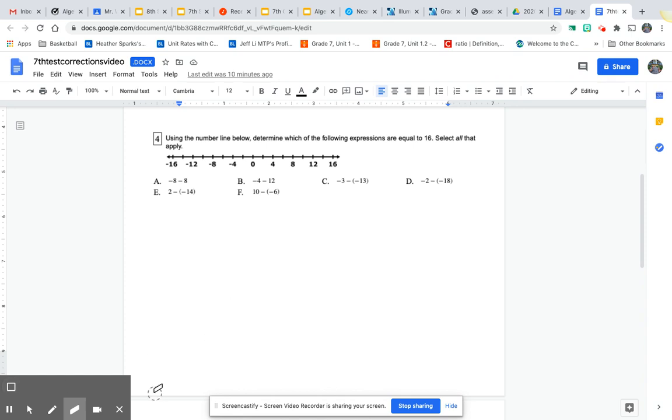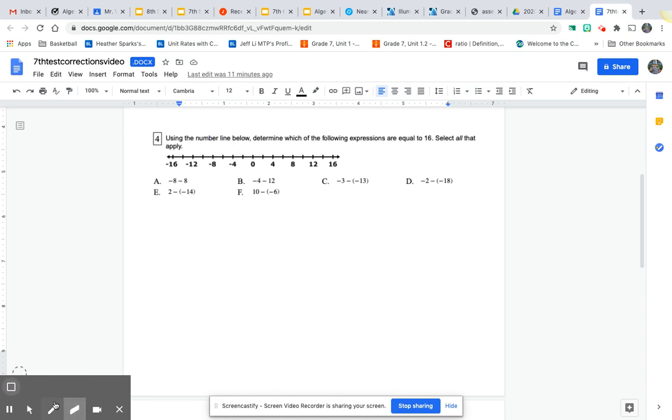The next one is -3 minus -13. So you're going from this -13 right here, or close to that spot. I should say that's probably more like -14. So it's probably right here, going to -3, which is about right here, going in that direction. That's only 10 places away, positive, because the arrow is going right. So +10 on that one. So far we haven't had any that are worth +16.